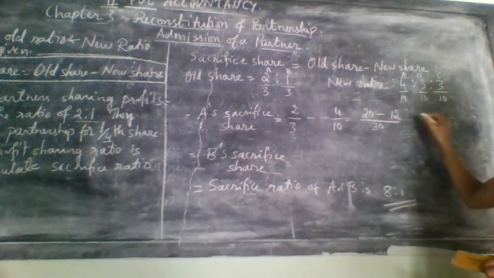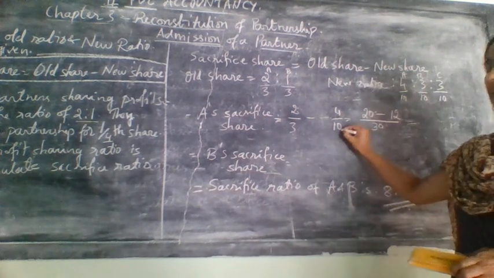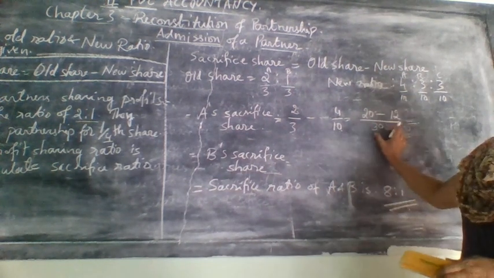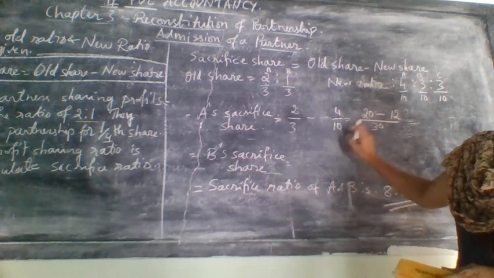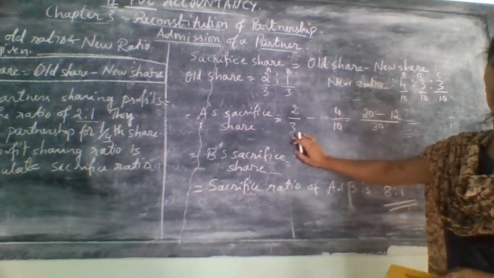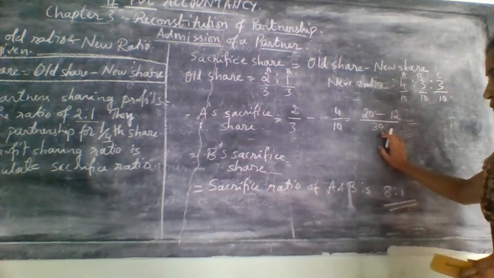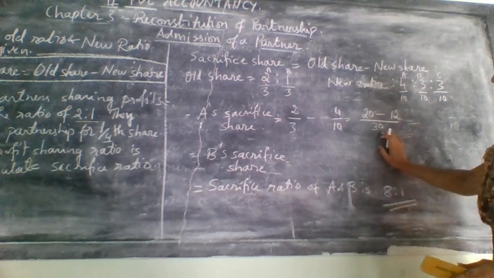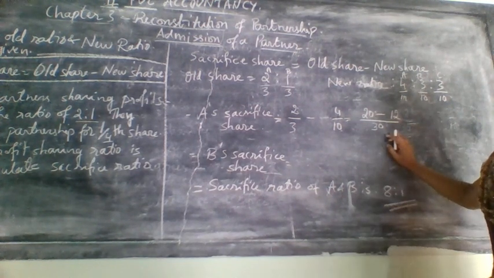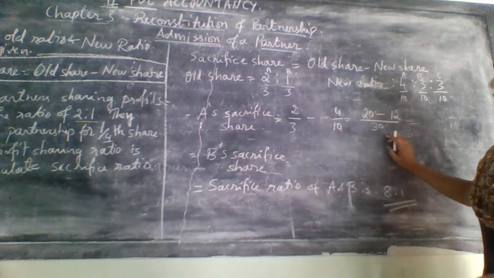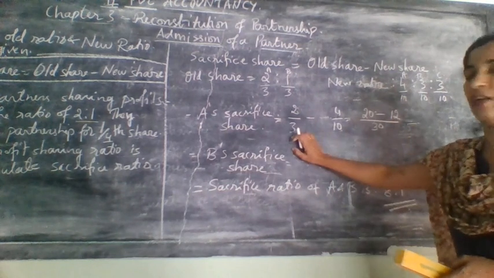Same thing you need to write. Once again I will tell you: to write the denominator, check the highest number, whether it is divisible by the other number. Then you can consider that highest number as the common denominator for both. If it is not, then do denominator into denominator and write it here. After writing that, divide this denominator by the first denominator.